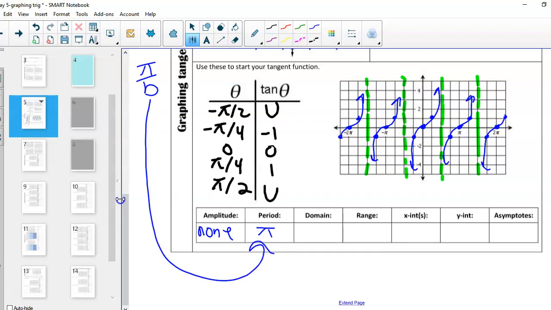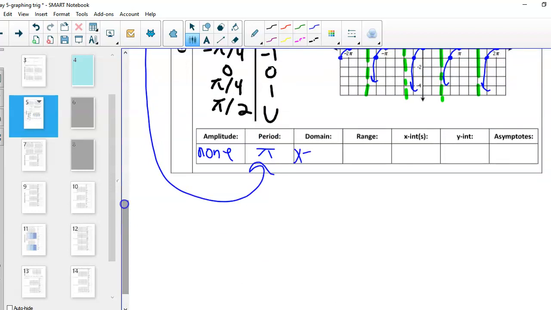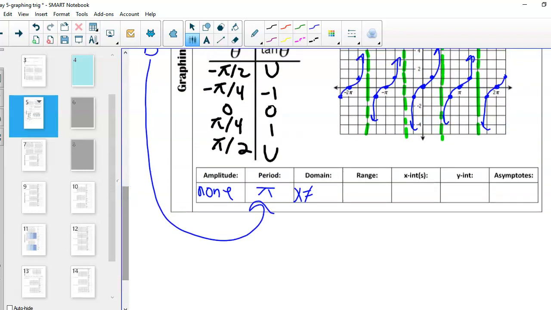Our domain of this is going to be everything except our asymptotes, so I'm going to write that a little weird. x does not equal our asymptotes. Our asymptotes are at every pi over 2. So that's pi over 2 plus pi k. So at every pi over 2, but adding the pi.